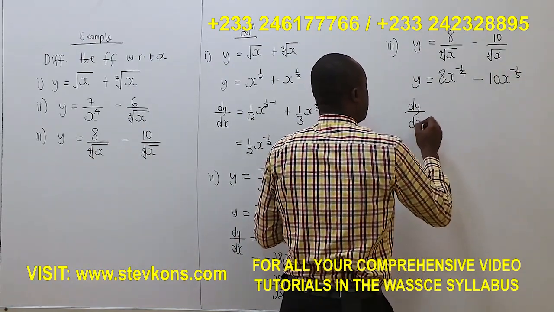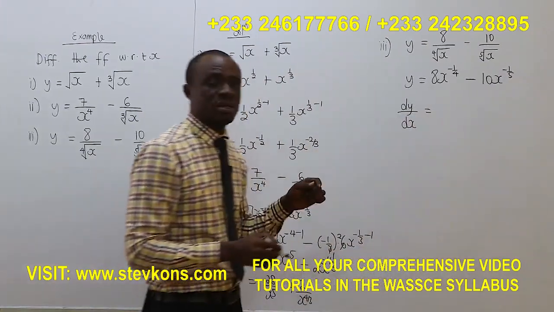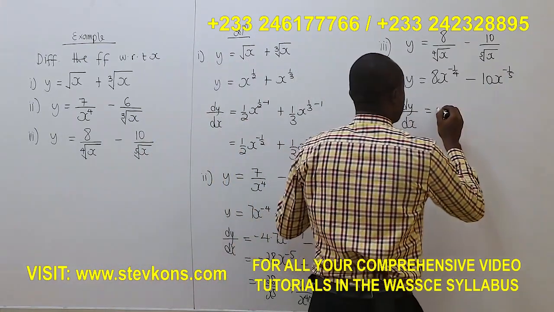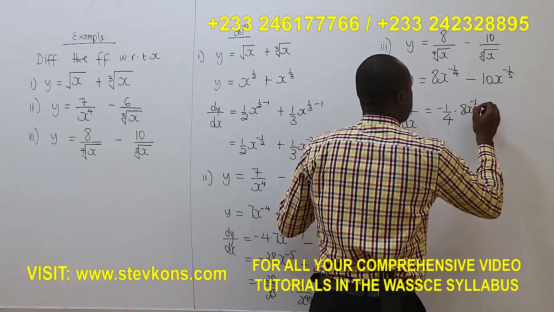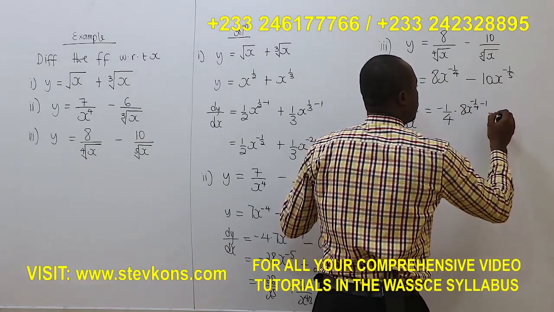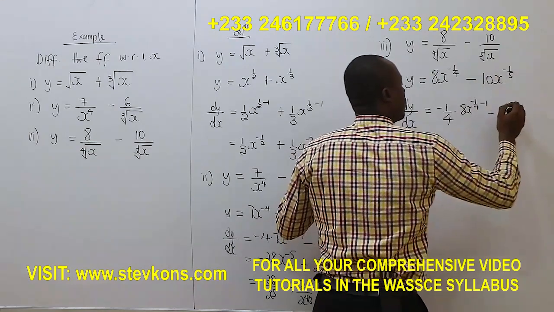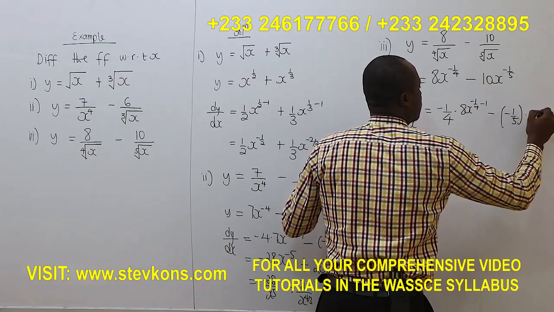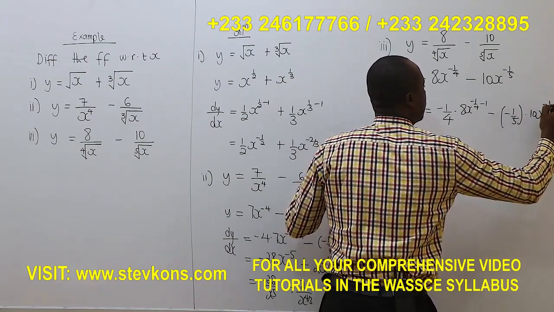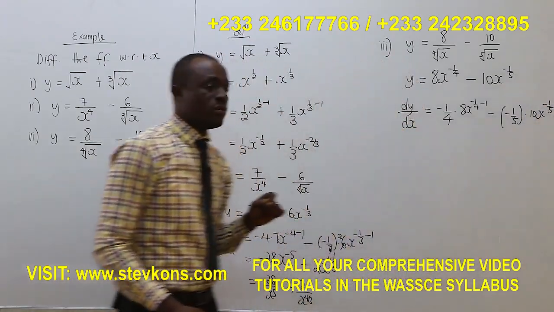Now when you differentiate dy dx, the n has to come down. So negative 1 over 4 times 8x to the power negative 1 over 4 minus 1, minus. Now the negative 1 over 5 is coming down, so negative 1 over 5 times 10x to the power negative 1 over 5 minus 1.